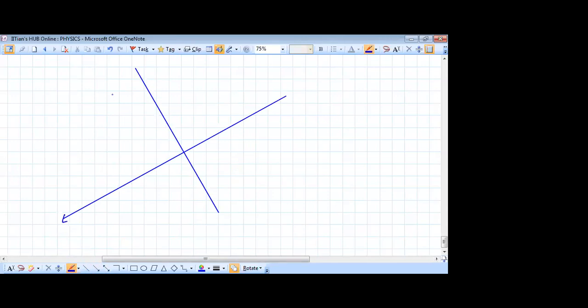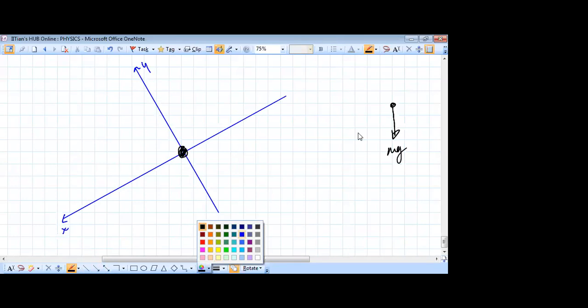So in my system, I have taken this as my x-axis, this as my y-axis, and now what was happening? mg was a force that was vertically downwards like this, okay. And the angle was like this.